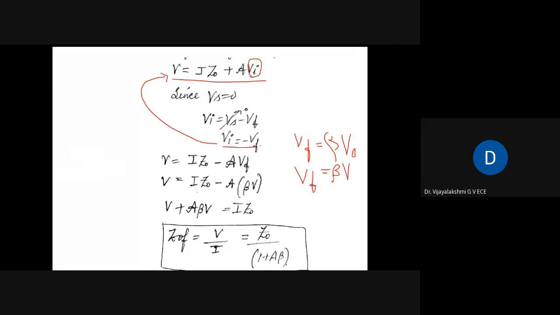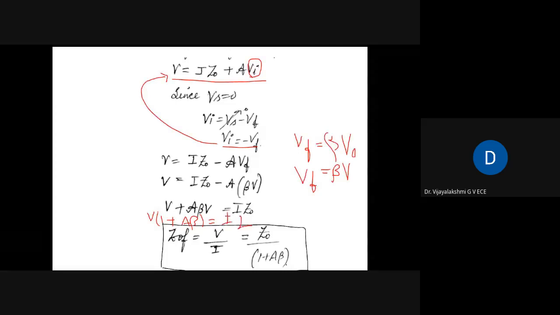Taking V as common, I get V times 1 plus A beta, which is equal to I into Z0.